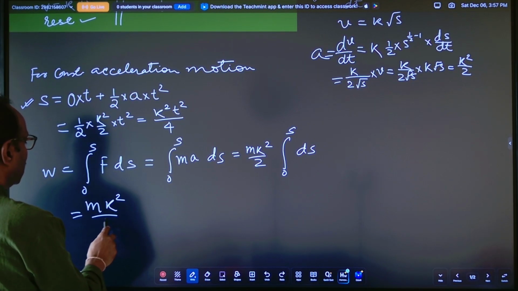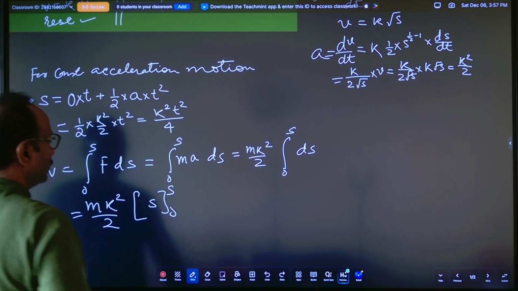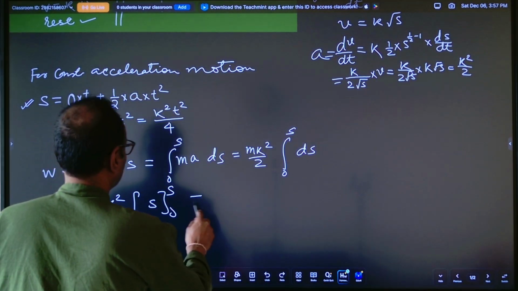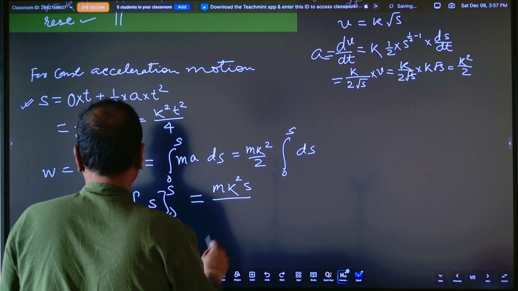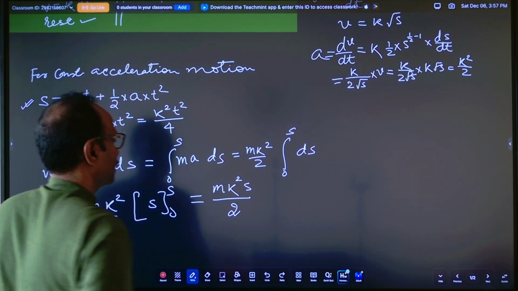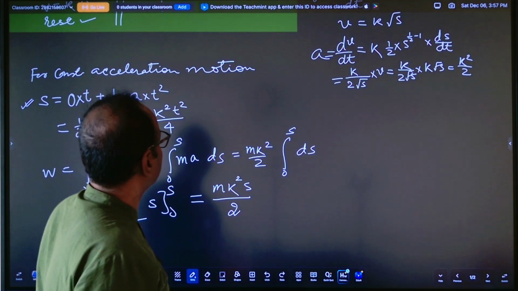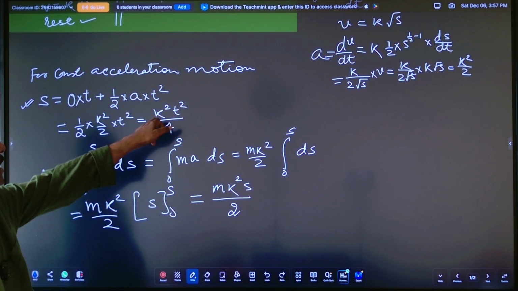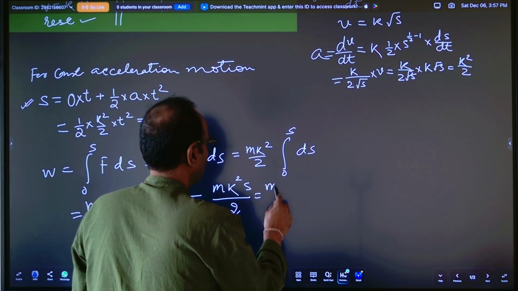Just integrate that. This will be your s. But what is s in t time? k square t square by 4. Just write that.